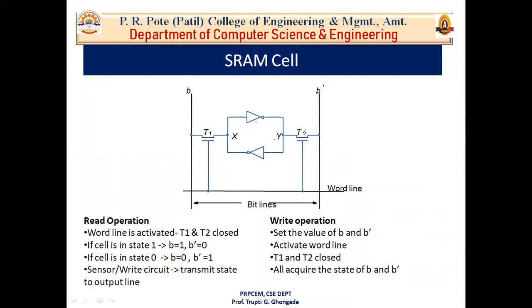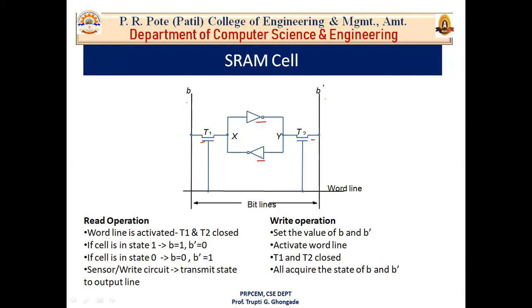These are two inverters, inverter 1 and inverter 2. They are cross connected and this forms a latch, and this latch is connected to B and B dash through two transistors T1 and T2.